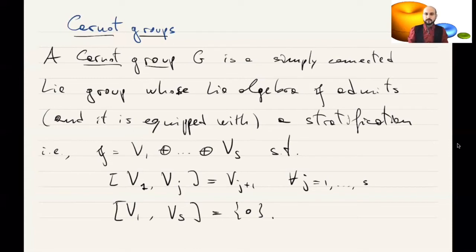Okay, let's continue discussing this definition. Let's focus for a moment on why it's important to have it simply connected. First of all, this means that given the Lie algebra, there exists one and only one group with this Lie algebra.